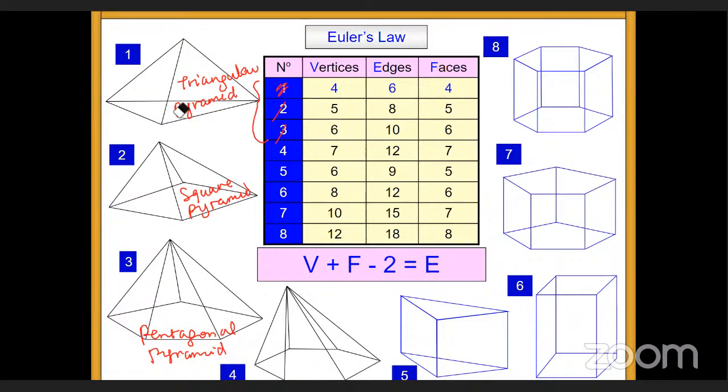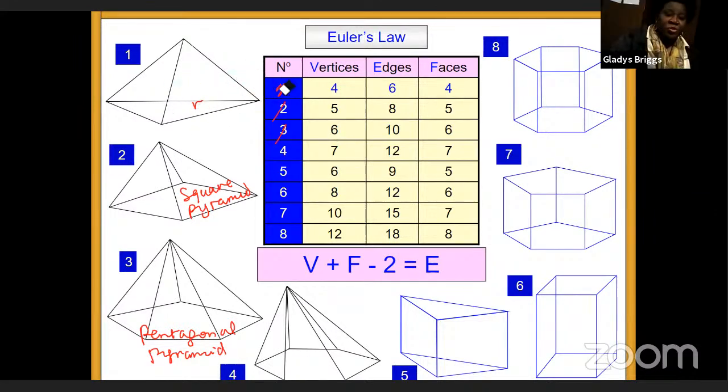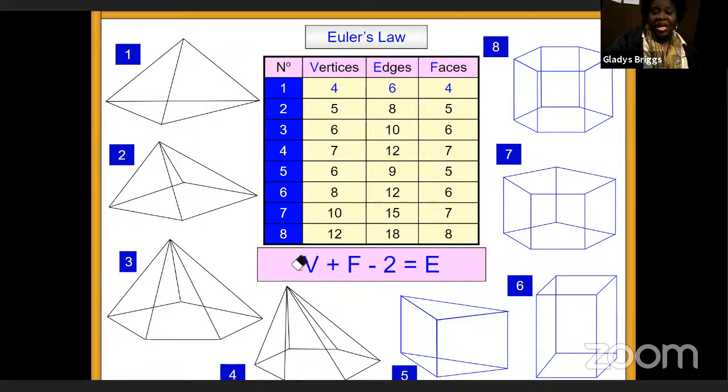Okay. So that's what you need to know about that. You need to know about Euler's formula. And if you're given one thing or the other thing, you can use it to find the other ones. For example, if you get the vertex and the face, you don't even need to know what the shape is.